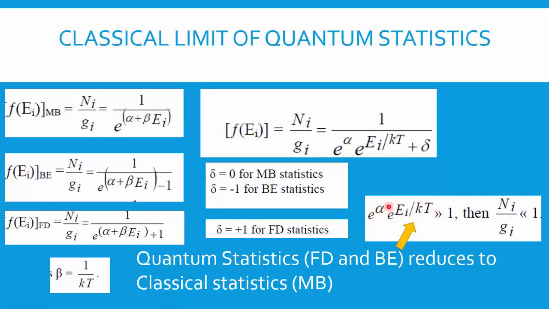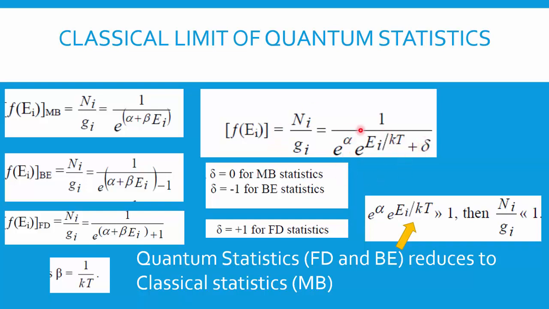Alpha is a constant in every statistics, but if you observe the value of alpha carefully, it is inversely proportional to temperature. So for any given temperature, because alpha is inversely proportional to temperature, this expression becomes much greater than 1, and so delta can be neglected.